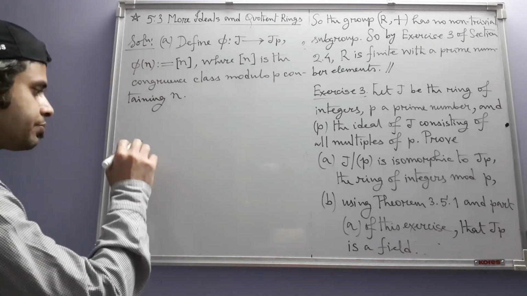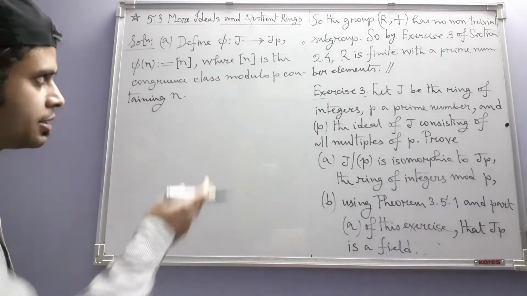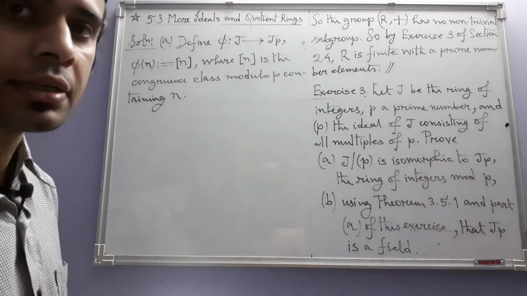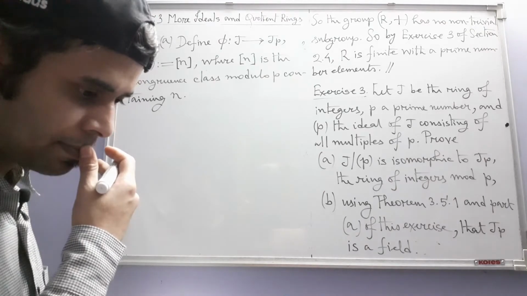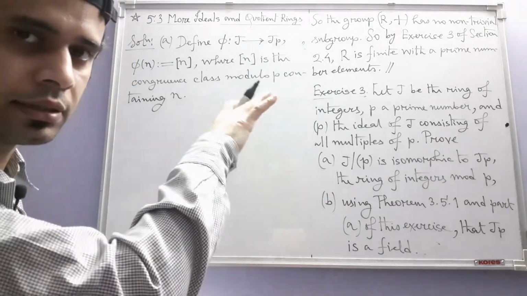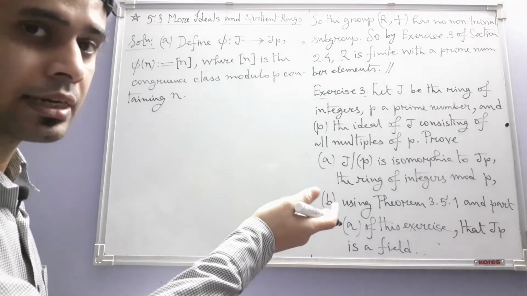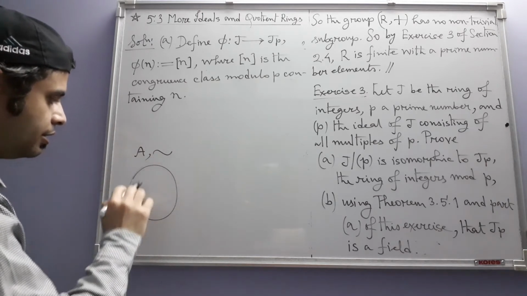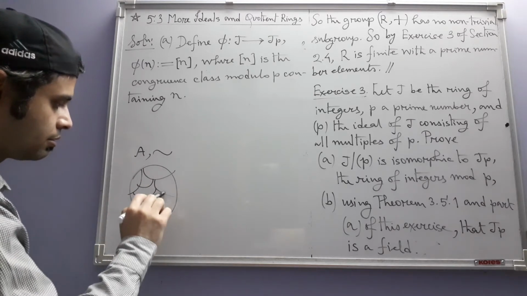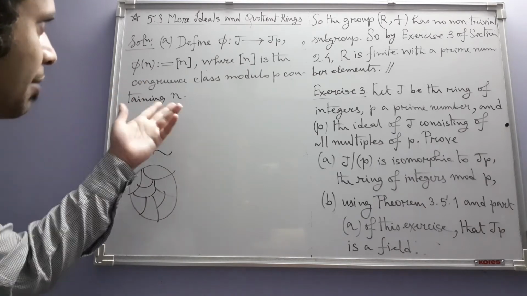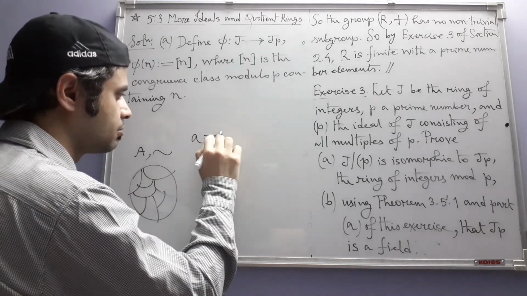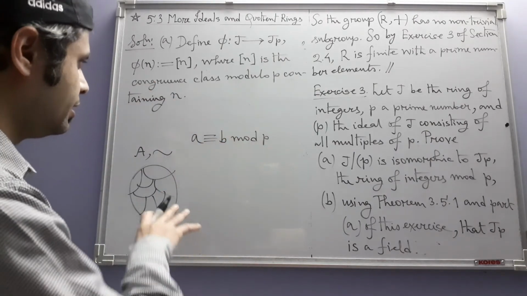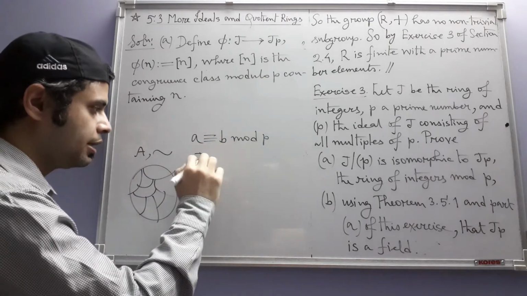There is precisely one congruence class which contains a given integer. Why? Because if you remember, once we have an equivalence relation on a set A, then it decomposes A into non-empty, mutually disjoint subsets whose union is A. The same thing happens here for this relation, two integers being congruent to one another modulo P. This is also an equivalence relation, and it divides the set of all integers into disjoint congruence classes.